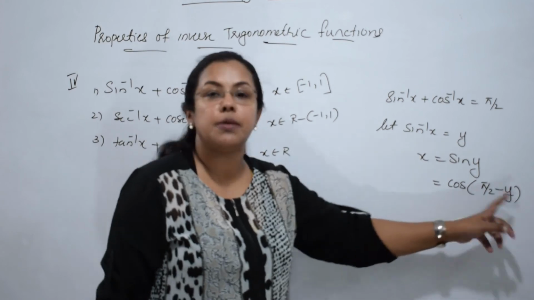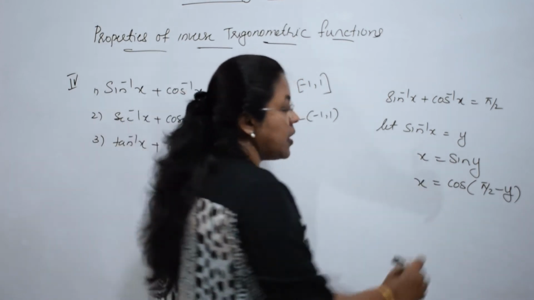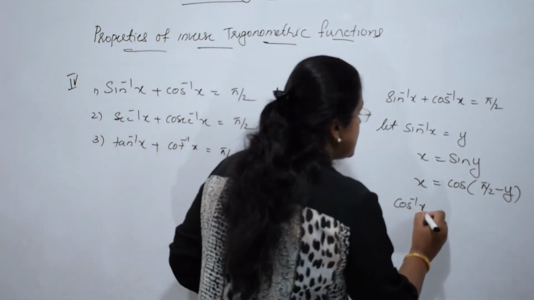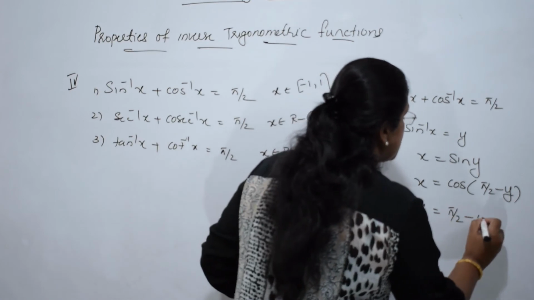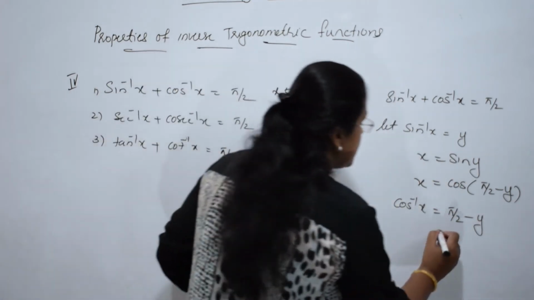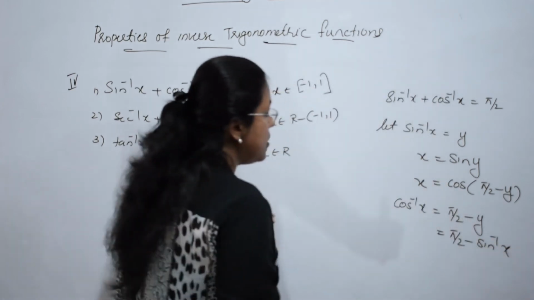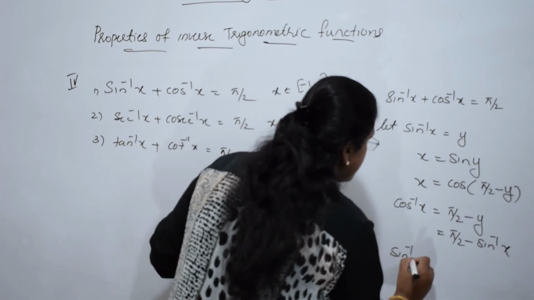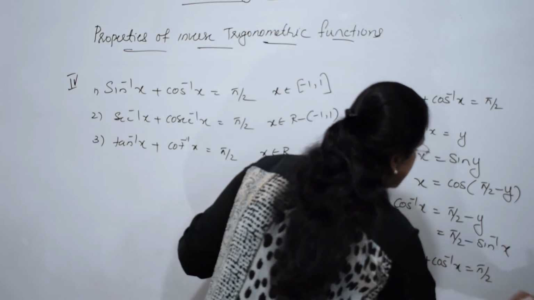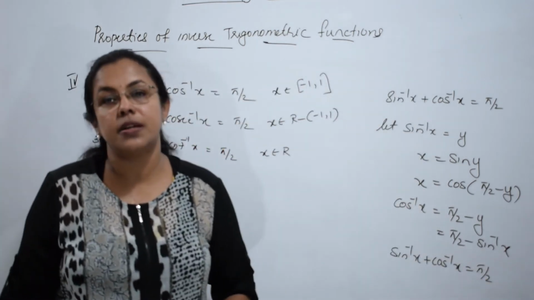So sin y can be written as cos of pi by 2 minus y. Now taking inverses on both sides, we get cos inverse x is equal to pi by 2 minus y. What is y? Sin inverse x. So this is pi by 2 minus sin inverse x, or we get the answer as sin inverse x plus cos inverse x is equal to pi by 2. Similarly, we can prove the other results too.